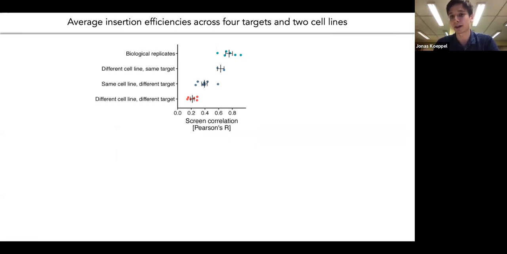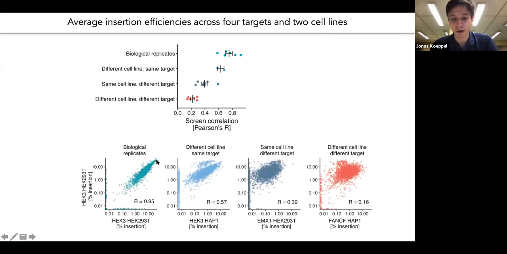A sequence that inserts well in one experiment will also insert well in another experiment. Actually I can also show you the plots. So this is replicate correlation. This is the percent insertion in one replicate, and this is the percent insertion in another replicate, and you can see it's very nicely aligned.